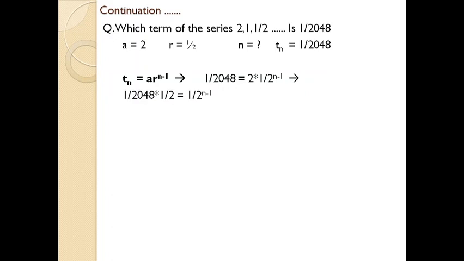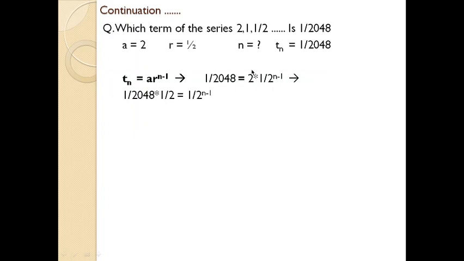That is 1 by 2048 into 1 by 2 equal to 1 by 2 raised to n minus 1. On the right hand side you have 2 into 1 by 2 raised to n minus 1. Just transfer that 2 to the left hand side of the equal sign. When the 2 comes to the other side of the equal sign, it will be the fraction 1 by 2.